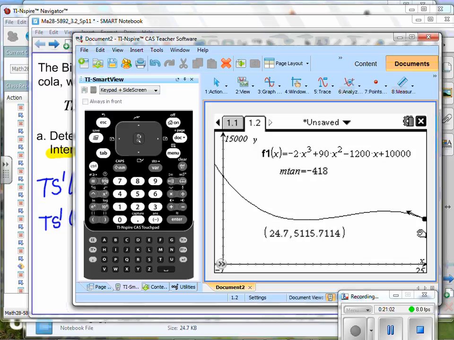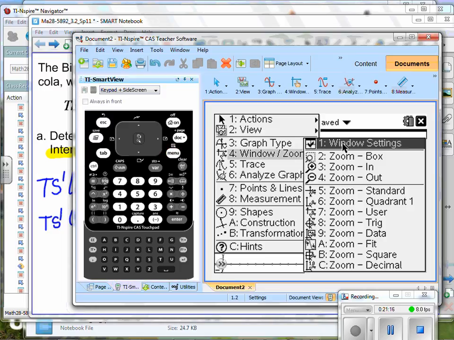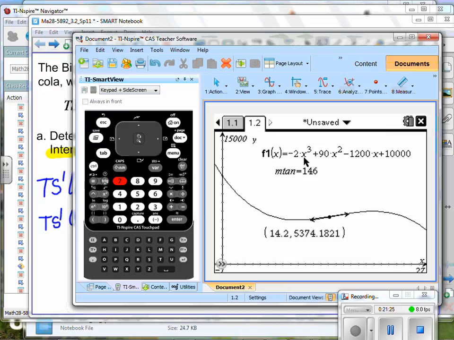What would be significant about that? Again, Nicole? Yeah, and I don't like the window I have. I'm going to change it just a little bit. I'm going to make that input, let's say, 27. I don't like to stop right at 25.